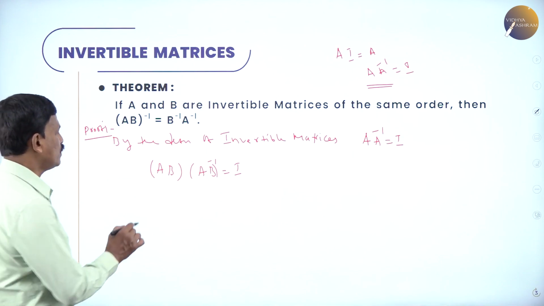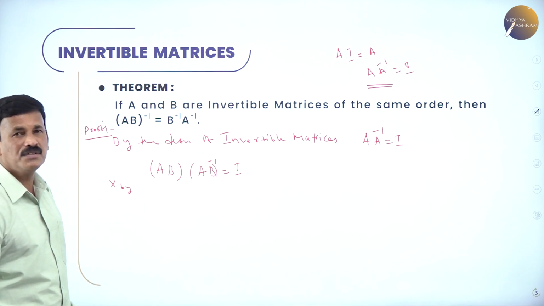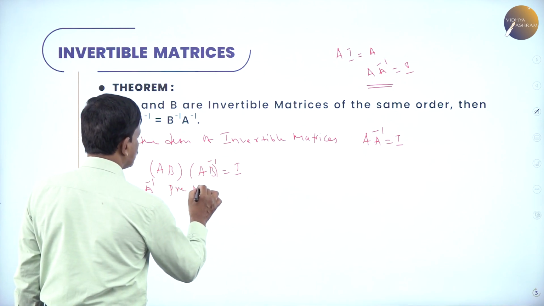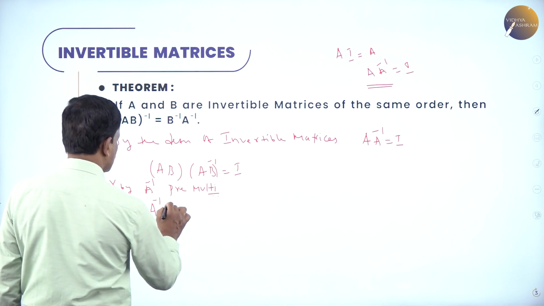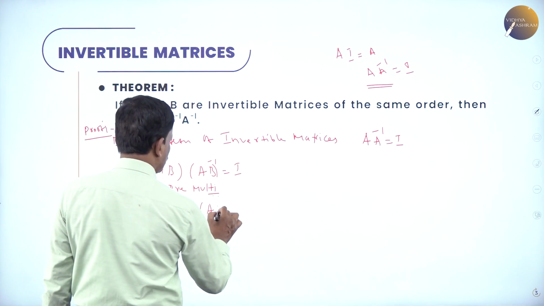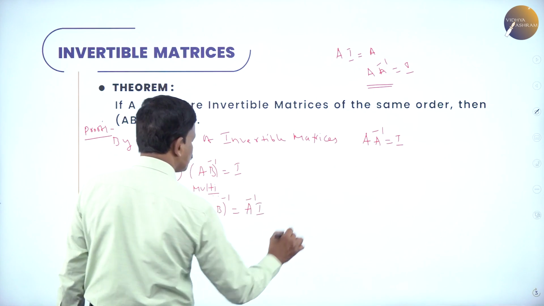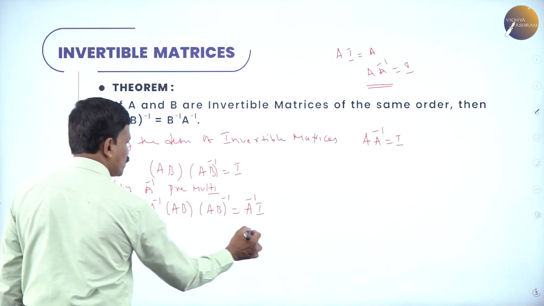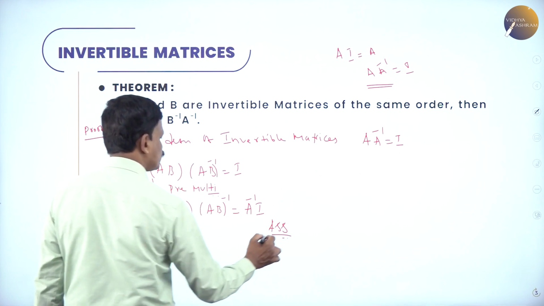Now, pre-multiplying by A inverse, that is pre-multiplication. So A inverse into AB into (AB) whole inverse is equal to A inverse into I. Now, using the associative law, interchange the bracket.